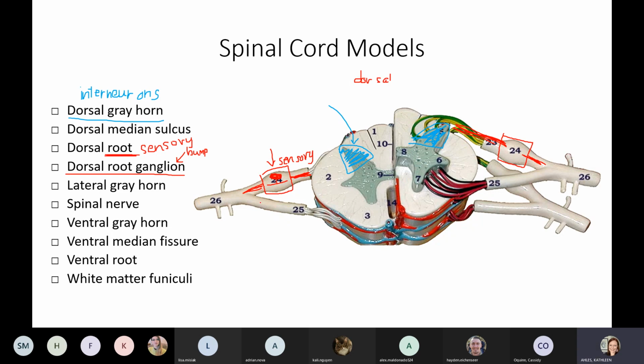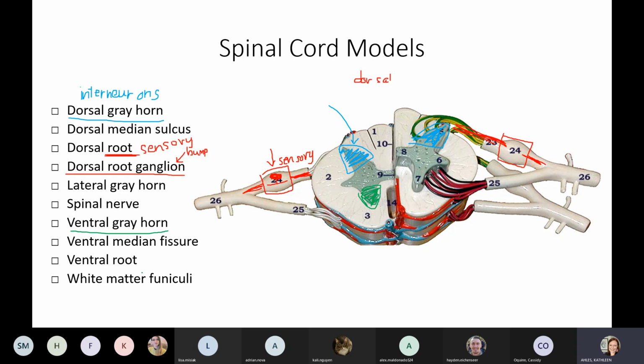Once I process information in the dorsal gray horn, then I need to decide what I'm supposed to do with it, and send that out of the spinal cord. So one of the ways I send that out of the spinal cord is using neurons from up here. The neurons that are up here are part of what's called the ventral gray horn.